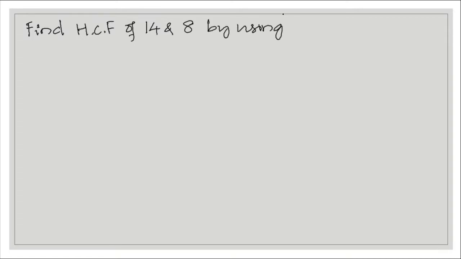Let me give a question like find the highest common factor of, I will write in short way HCF, find the highest common factor of 14 and 8 by using prime factorization method.